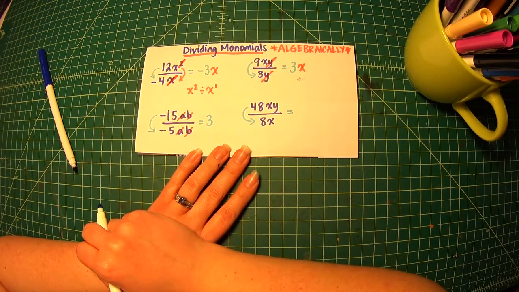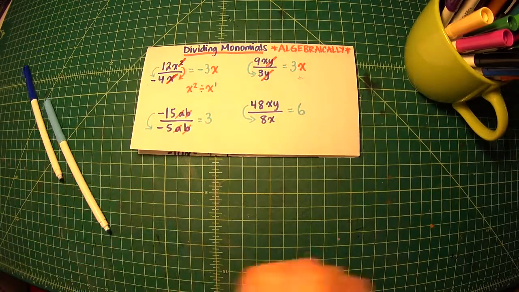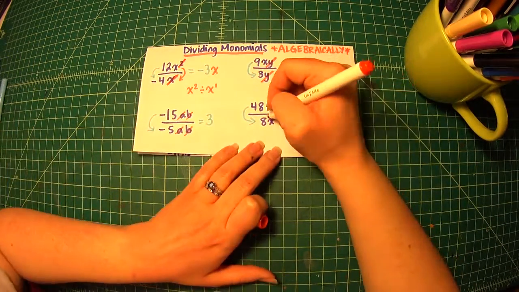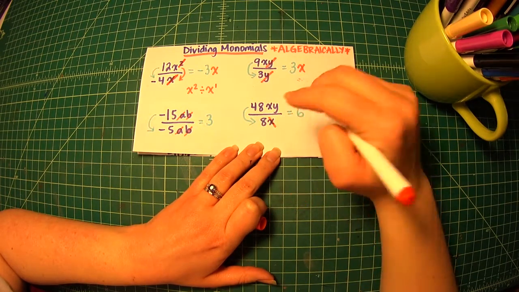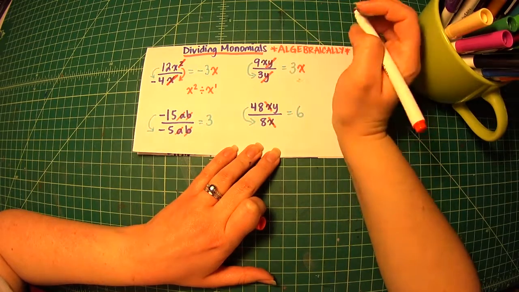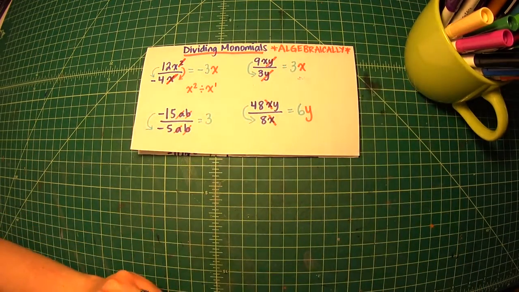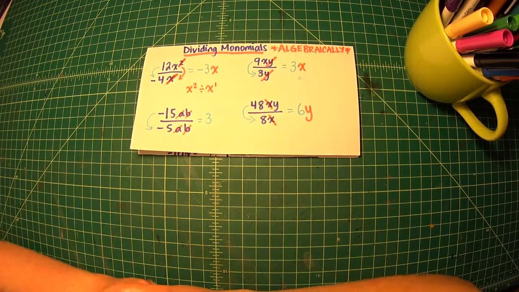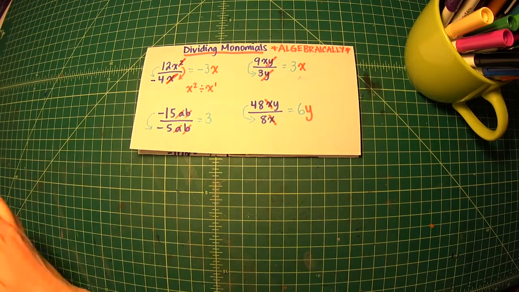She can wear it, so positive answer, 6. And then let's check and see what can cancel here. So we have 1x on the bottom, which we'll be able to cancel with 1x on the top. That's all we have. So all we're left with is that y there. So 6y, positive 6y. Okay, so that's how you use algebra to divide monomials.